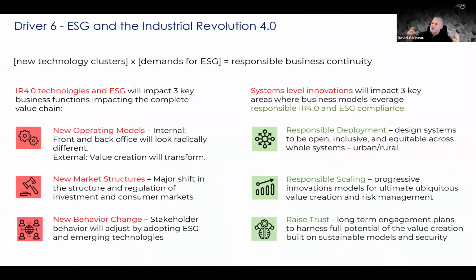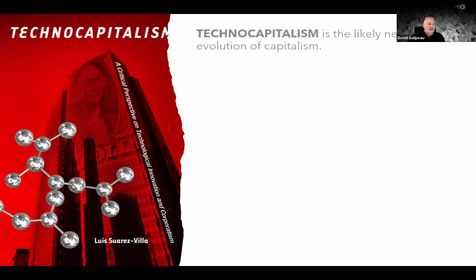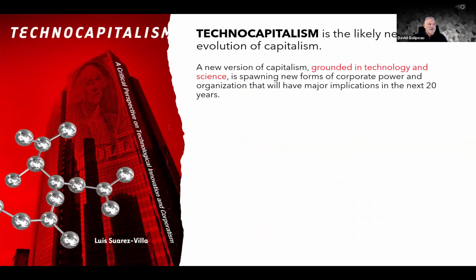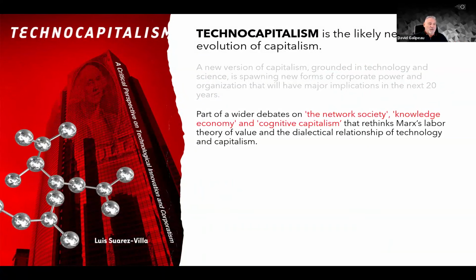So when we look at all these different drivers behind what the future of work will look like, we're moving into techno-capitalism. It's probably the next evolution. Grounded in technology and science, sponsoring new forms of corporate-powered organization that have major complications over the next 20 years. Network society, knowledge economy, cognitive capitalism.